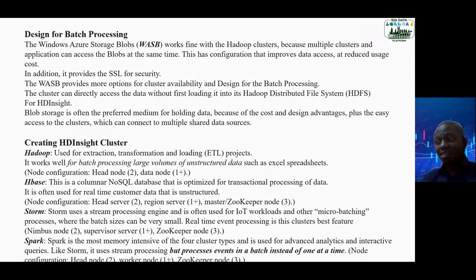That's the most memory intensive of the 4 clusters, and it's used for advanced analytics. Storm also uses stream processing, but Spark processes events in batches instead of one at a time. Storm is one at a time, real time, event based. But the Spark can do batch processing of streams.